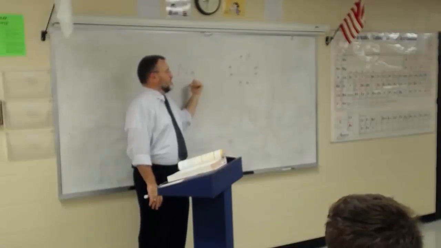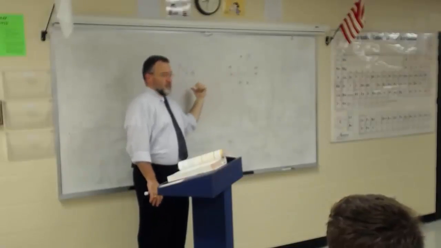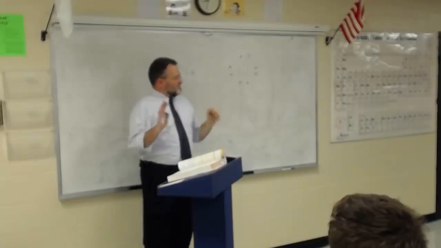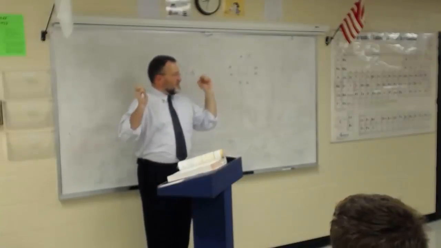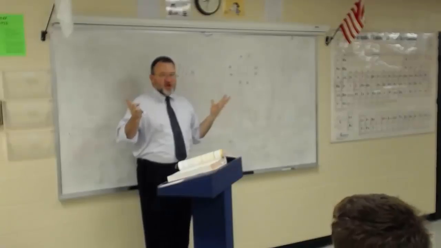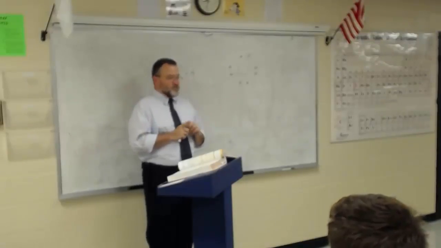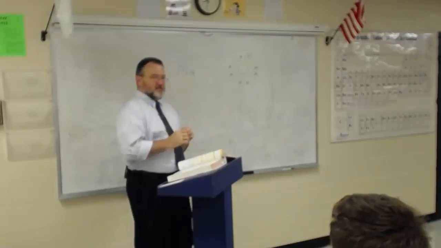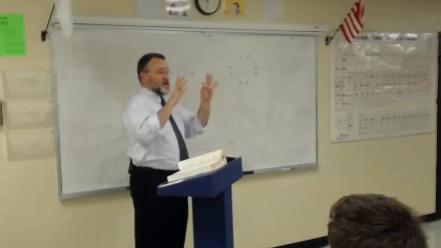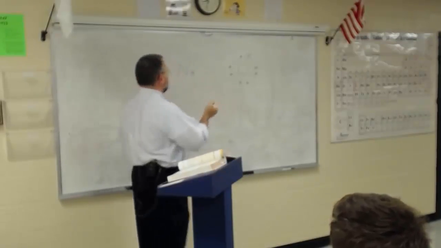It used to have 11, but it gave up 1, right? So now it has 11 positive charges and 10 negative charges. What is its net charge? Plus 1. It has 11 positives, 10 negatives for a net charge of 1 positive.